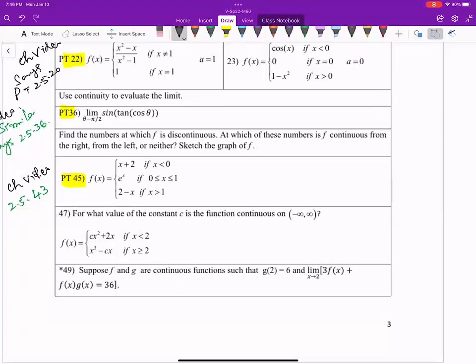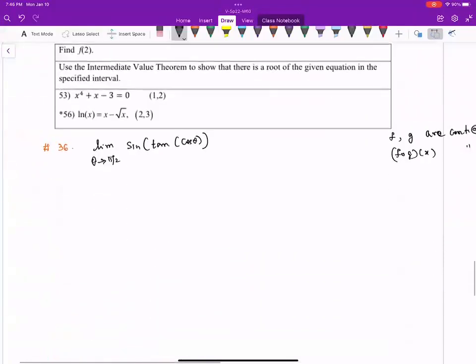So as long as the inside of tan doesn't turn out to be pi by 2 or odd multiples of pi by 2, then we can assume that the function is continuous everywhere and direct plugging in is possible. So we will plug in pi by 2.